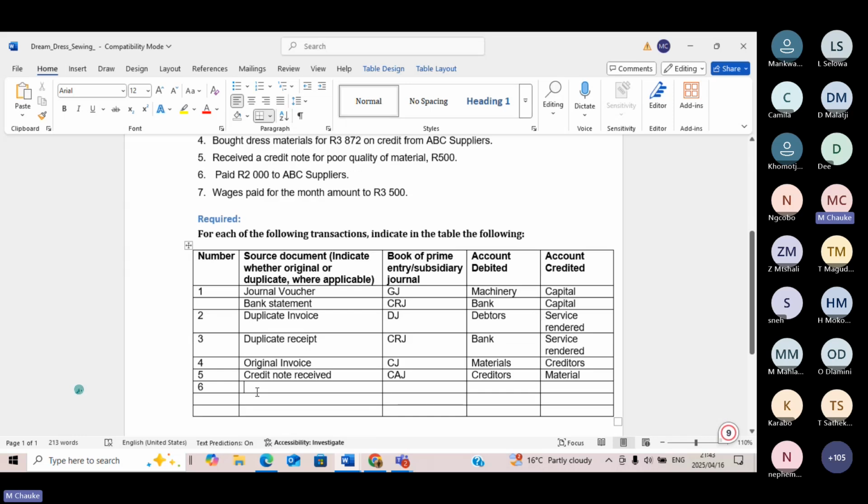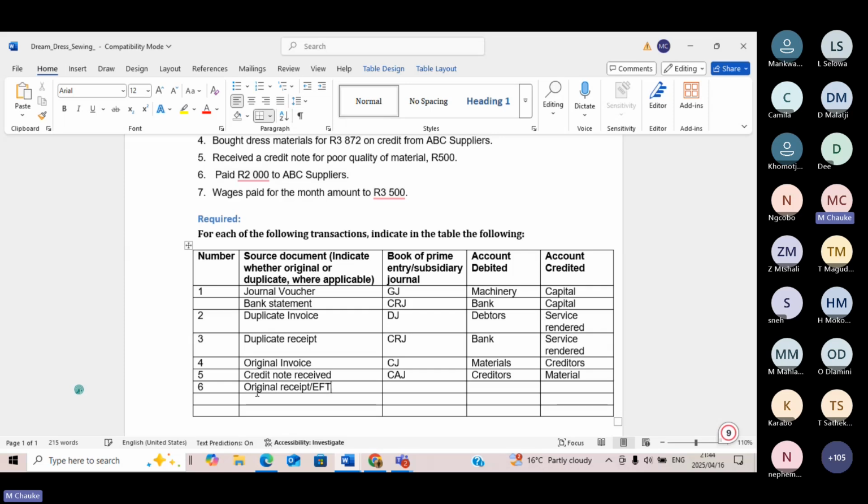Or you can say original receipt, because it's where you are making a payment to your suppliers. They will give you an original receipt, or you can just put EFT, because you made a payment to your suppliers. EFT can still qualify.